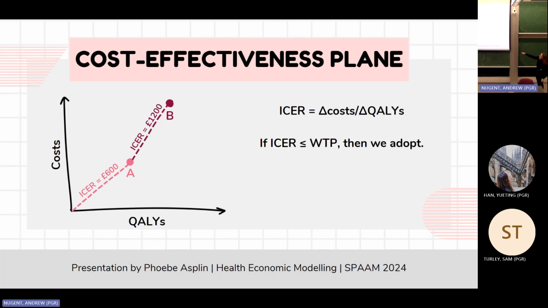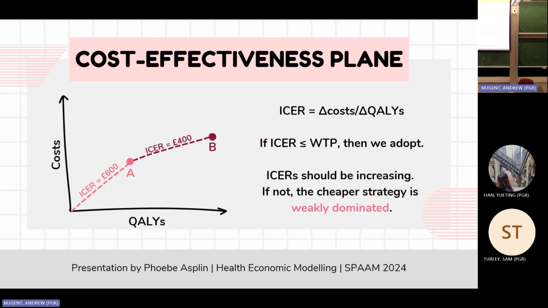So you can see in this case, if we say our willingness to pay is £1,000, then we would adopt strategy A over no strategy, but we wouldn't adopt strategy B. On the other hand, if it looks more like this, then we would adopt strategy B. So because this ICER, the incremental cost effectiveness ratio, is decreasing, we say that this strategy is weakly dominated, because we would just go straight to doing B.